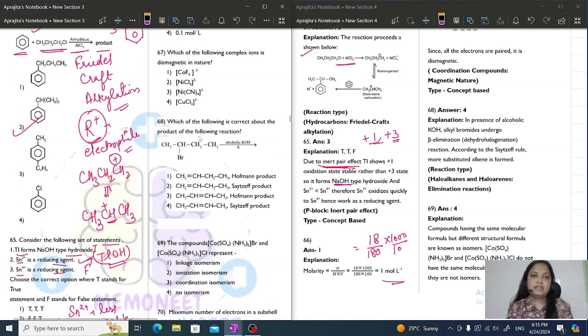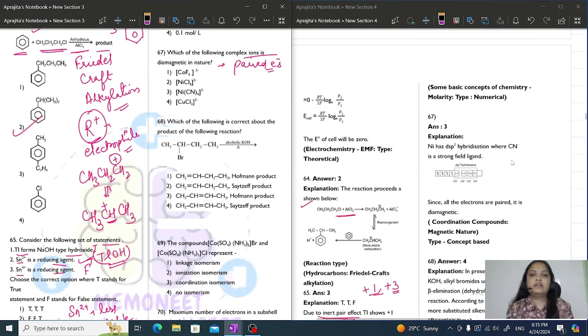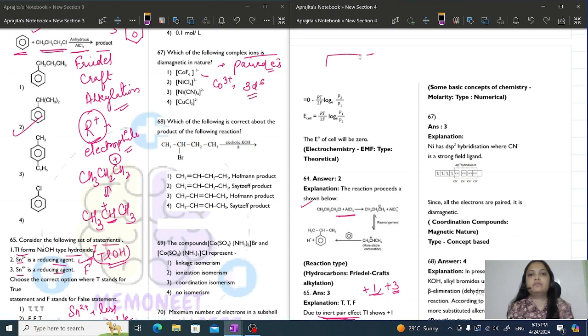Question number 67. Which of the following complex ions is diamagnetic in nature? We know diamagnetic means all the electrons are paired. If I talk about CoF6 3-, here cobalt is present in +3 state, so 3d6 configuration will be there.